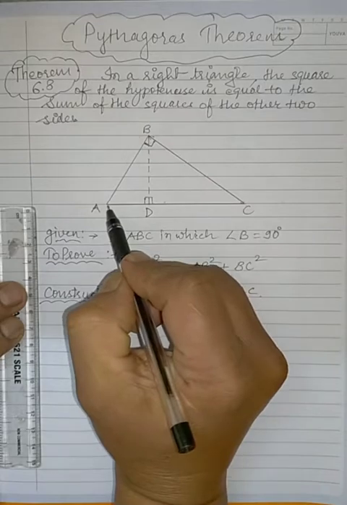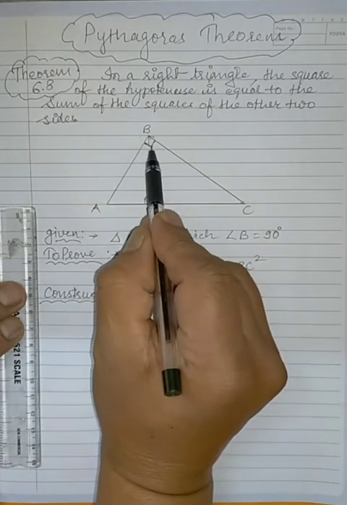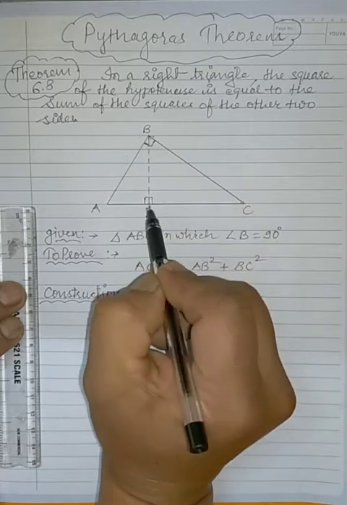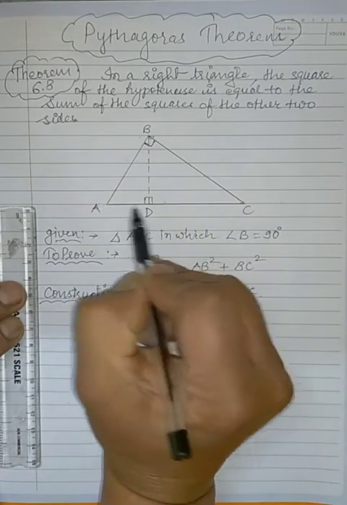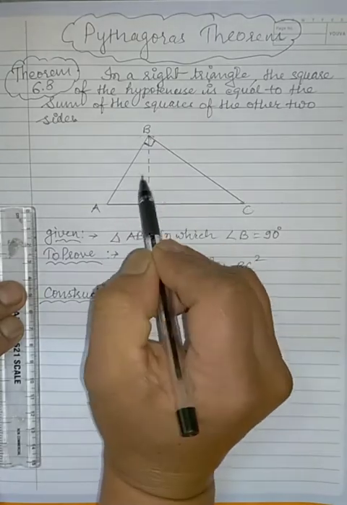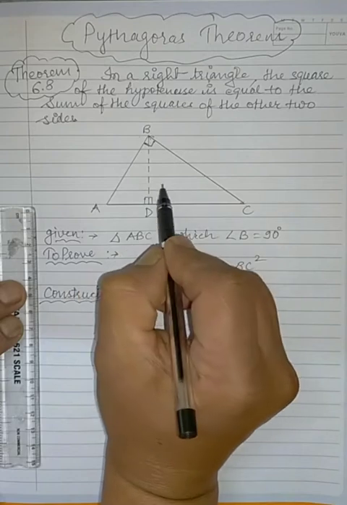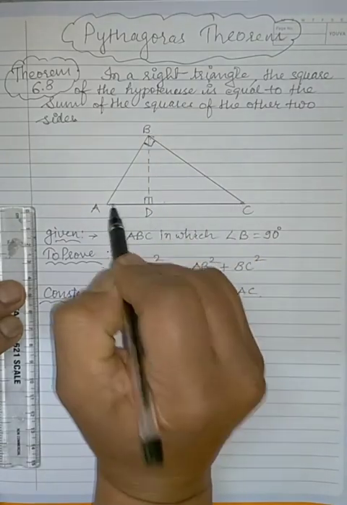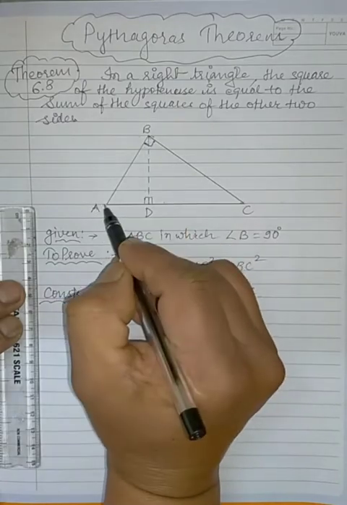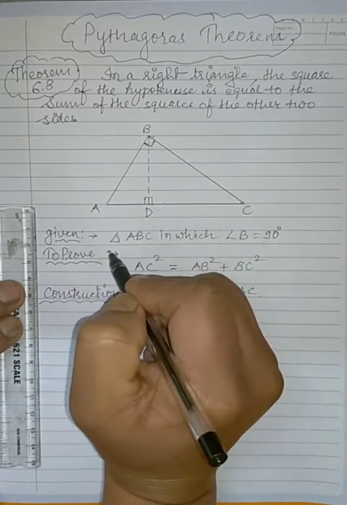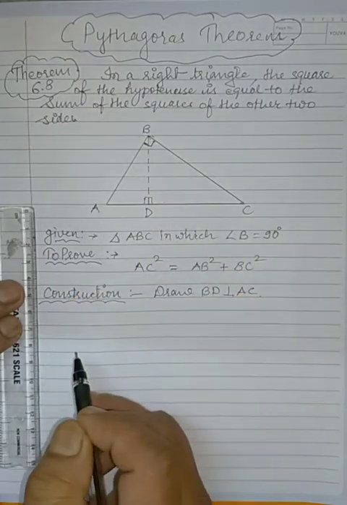That means if ABC is the right angle triangle and from the vertex of right angle we have drawn the perpendicular to the hypotenuse, then these two triangles ADB and CDB, which are right angle triangles, these both triangles are similar to the whole triangle ABC. That means triangle ADB similar to triangle ABC and triangle CDB similar to triangle ABC.